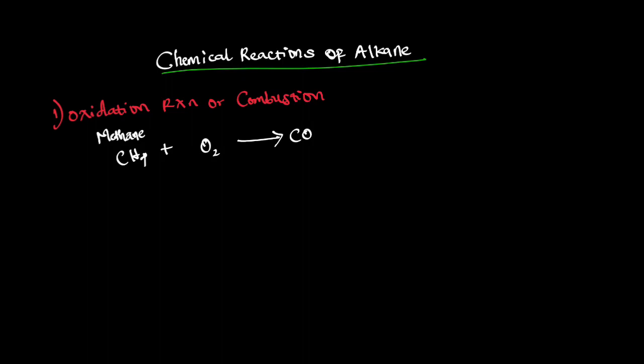We'll balance it when we are through. So normally, in the presence of excess oxygen, it produces CO2 and water. No dispute about this. And lastly, energy in form of heat. I hope you get energy in form of heat.